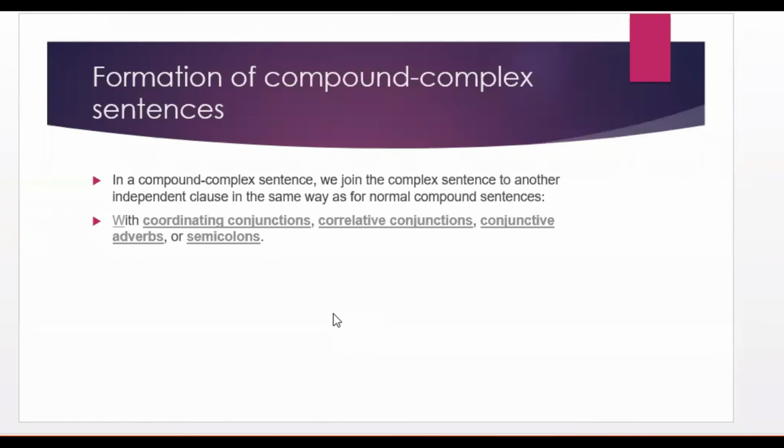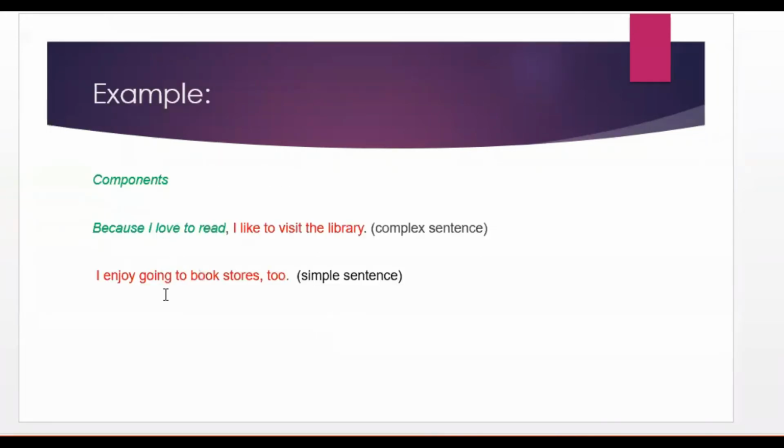Now, if we look at the actual name of the sentence, and that is what they did here, they say we're joining a complex sentence with another independent clause. So let me put it this way. We're taking a complex sentence and adding a simple sentence to it. And we already know what a complex sentence is made up of. That is comprised of an independent clause and one or more dependent clauses, right? Let's look at this example. Just read that for a minute and then I'll explain.